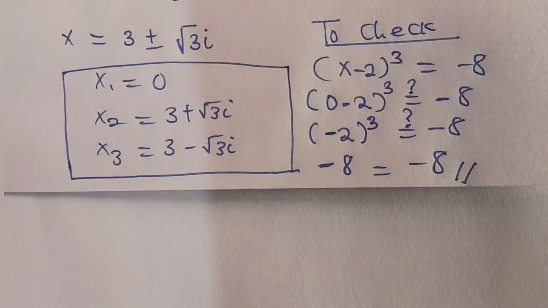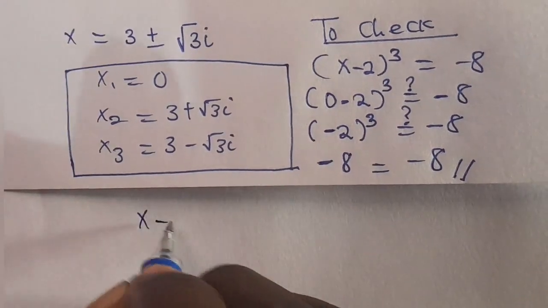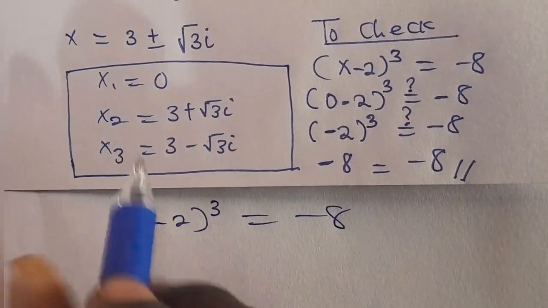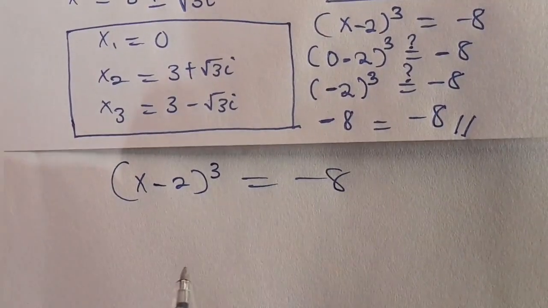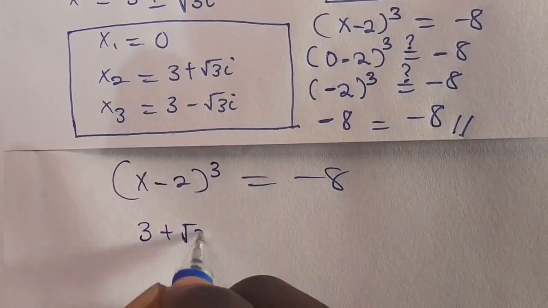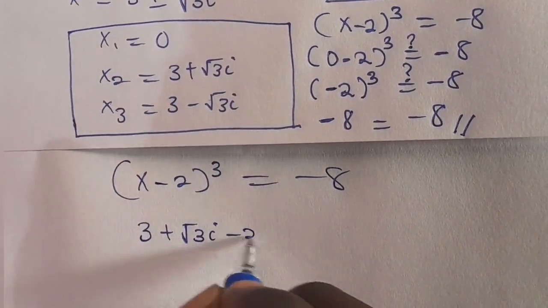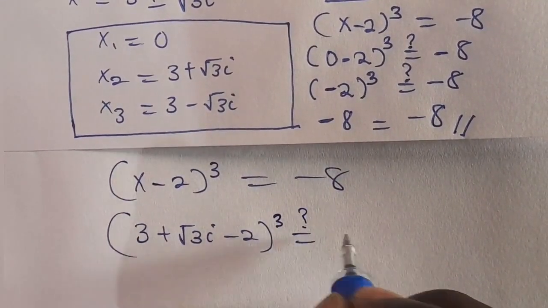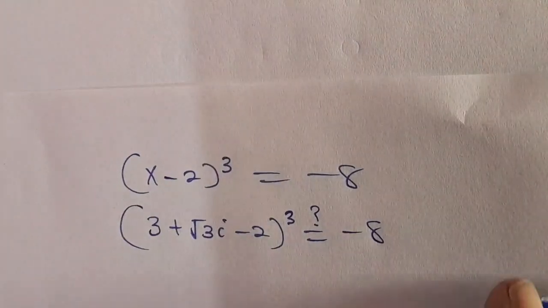Now to check for that, we have (x minus 2) raised to power 3 that equals minus 8. When x equals this one, we are going to have (3 plus root 3 i minus 2) raised to power 3, is it going to give us minus 8?